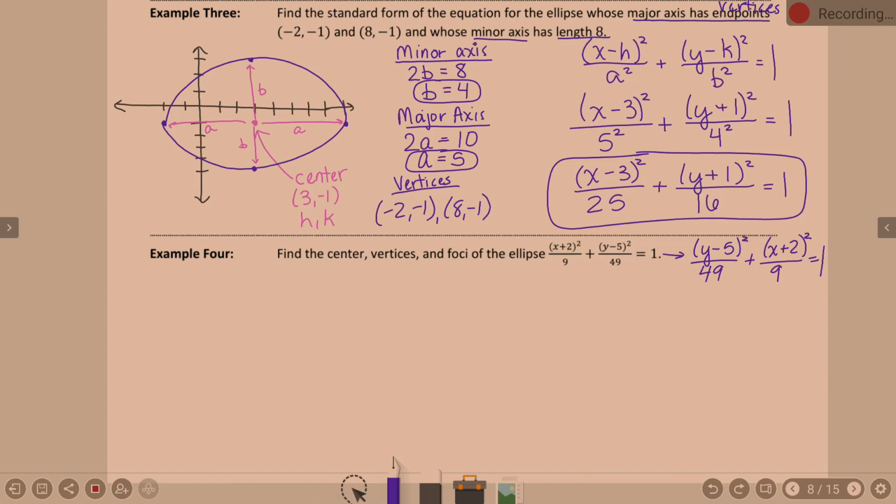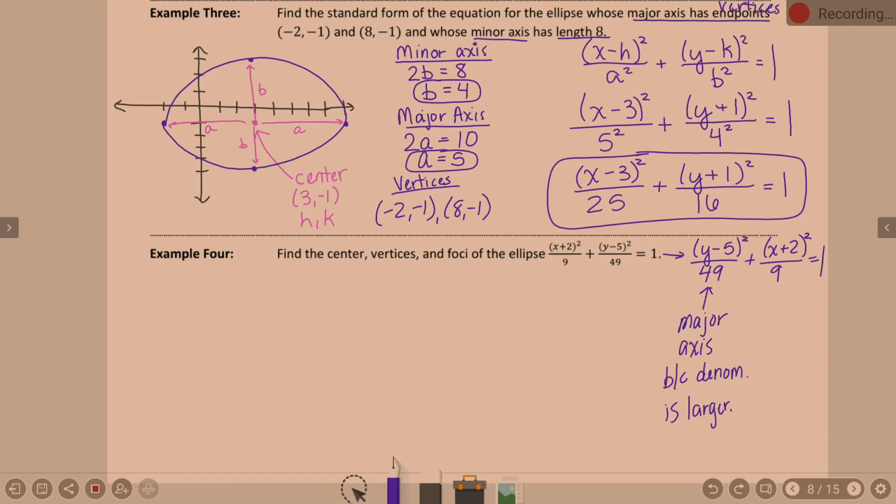And here's the deal. 49 with the y, this is the major axis, because the denominator is larger. So if you need to make yourself a note, please do so. I made a note on the front page of notes yesterday. Maybe you need a note next to this chart today. Okay?